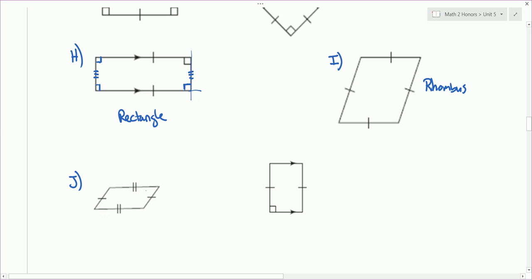So here we have opposite sides are congruent. If I draw a diagonal and the two triangles share this side, and so they're congruent by side, side, side.